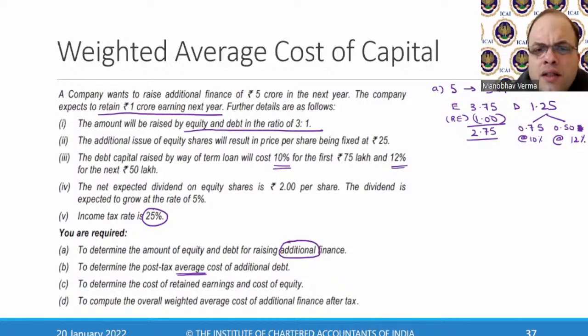Two types of debts. So let's do that. So what are the two types of debts here? Post-tax average cost is what we need to calculate. Who will give me the answer for this?